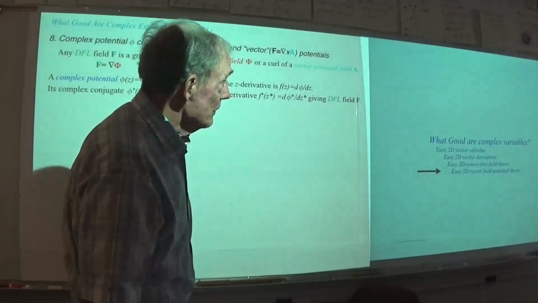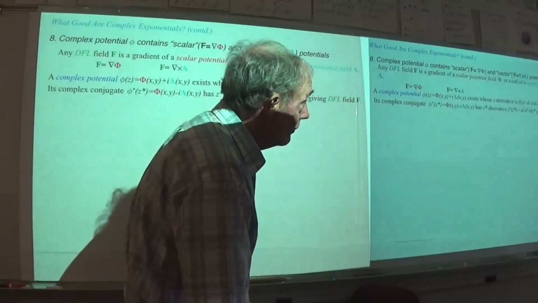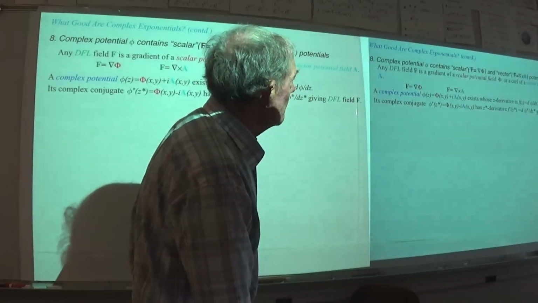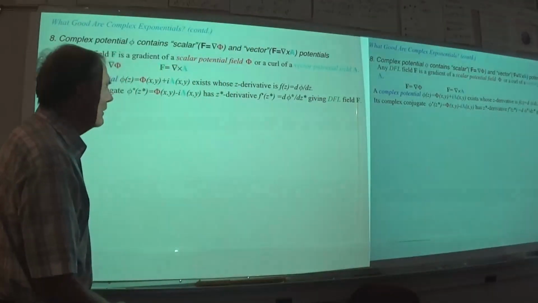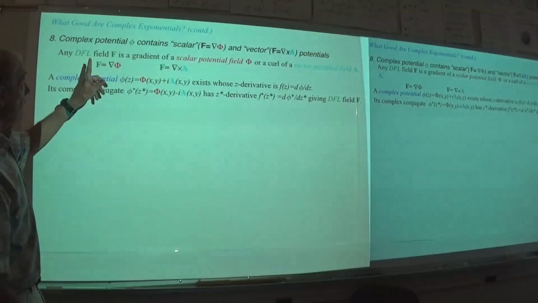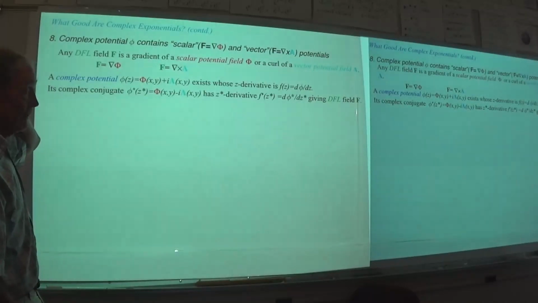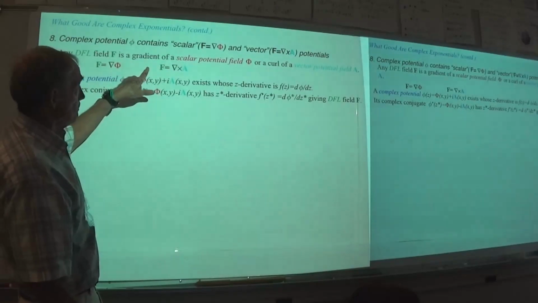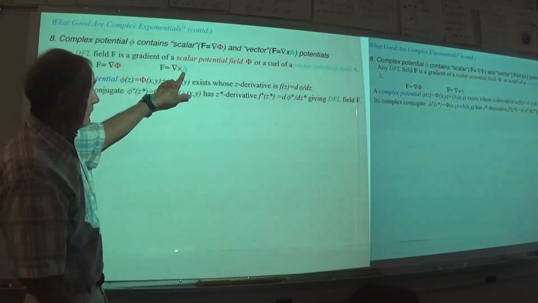Go ahead on this one just to get it on this screen here, and also right here. And I'm interested in this one, dragging the A to the side there. But anyway, the idea is that this DFL, these lambda fields, divergence and curl-free field, has both a scalar potential and a vector potential.